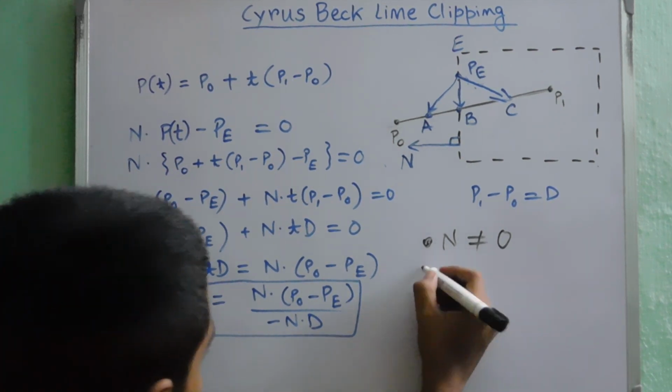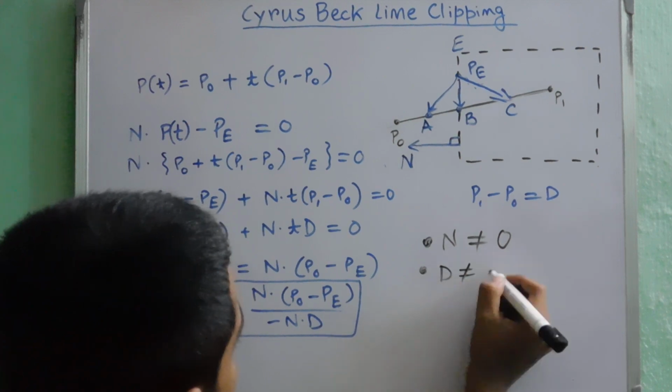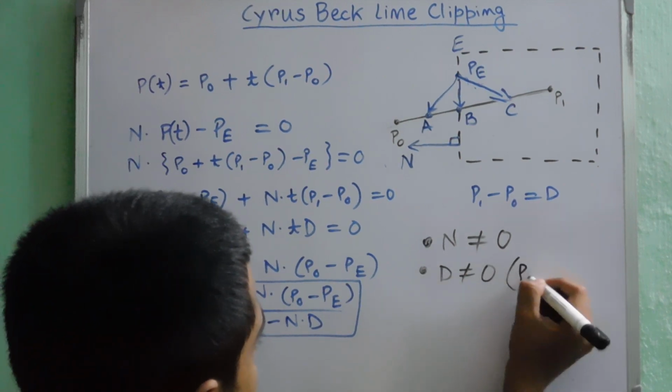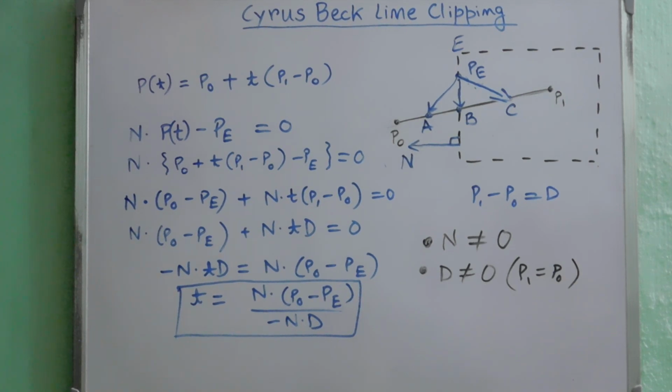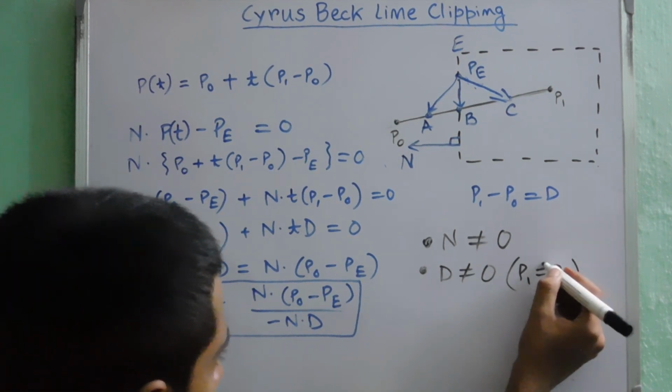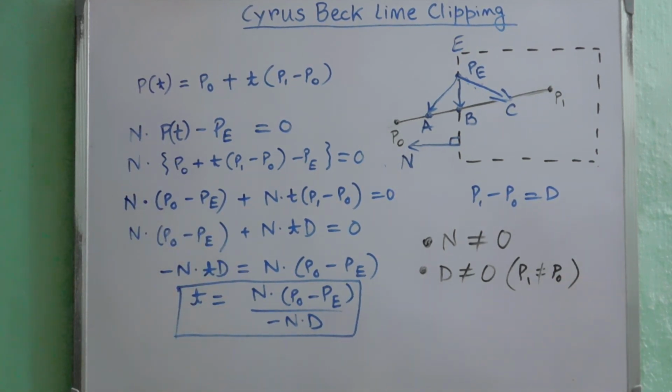The second condition is D is not equal to 0, that is P1 not equal to P0. If P1 equals P0, then that will make a point and not a line, and since we are dealing with line clipping, we don't require a point, we require a line. So for a line, P1 can't be equal to P0.